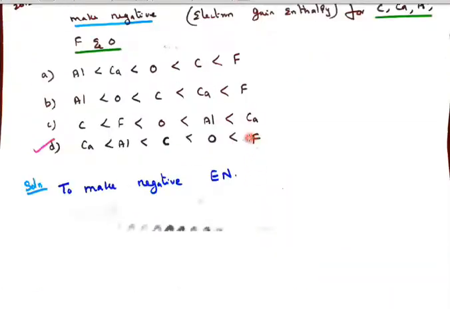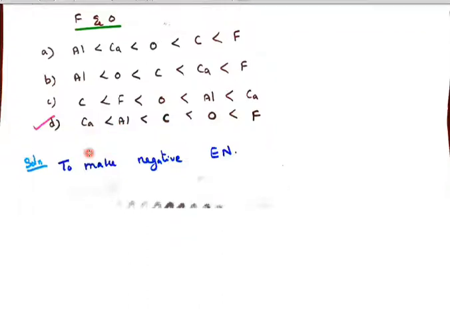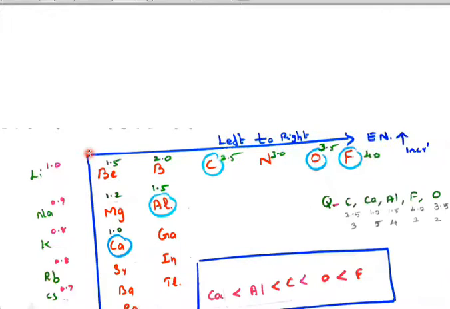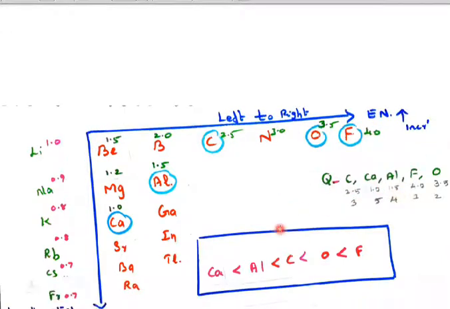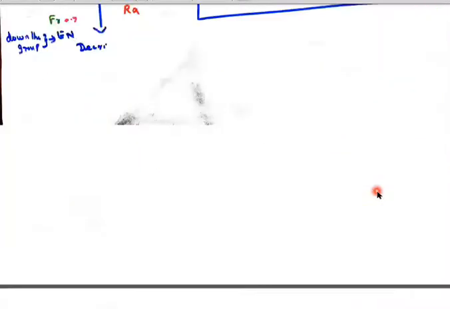This is the order of arrangement: fluorine 4.0, oxygen 3.5, carbon 2.5, aluminium 1.5, it decreases. Calcium has only 1.